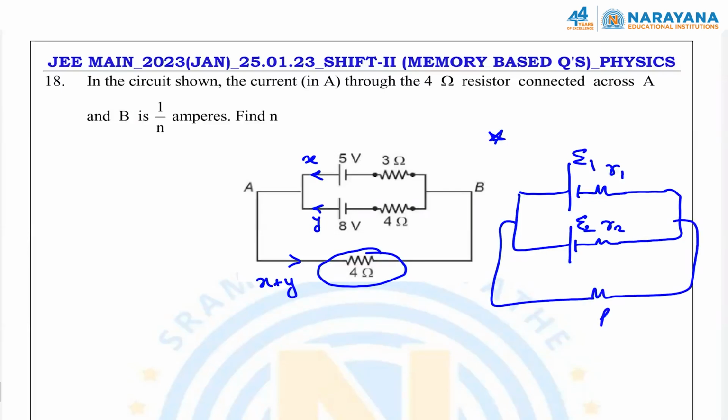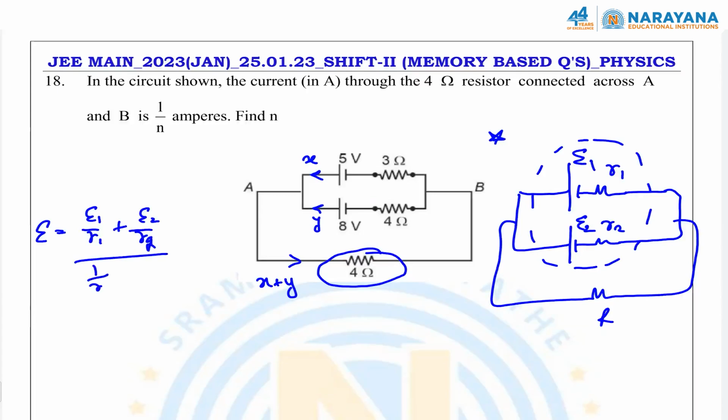So if we have two cells connected like this, then they are in parallel and they can be replaced by a single cell of EMF (E1/R1 + E2/R2) over (1/R1 + 1/R2), and they can be replaced by a cell whose internal resistance is given by 1/r = 1/R1 + 1/R2.